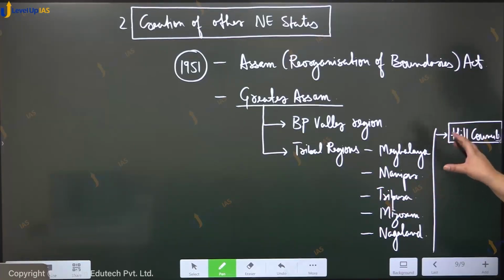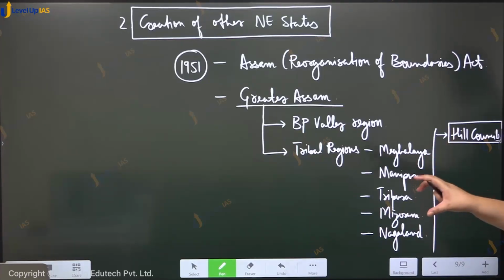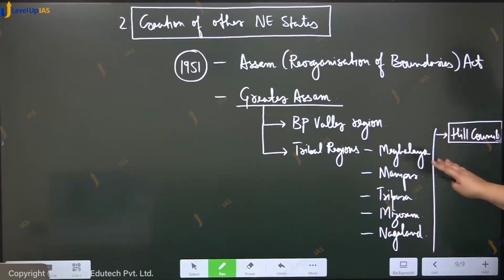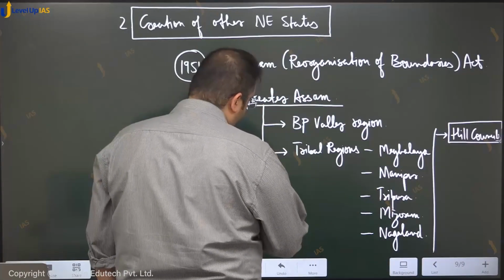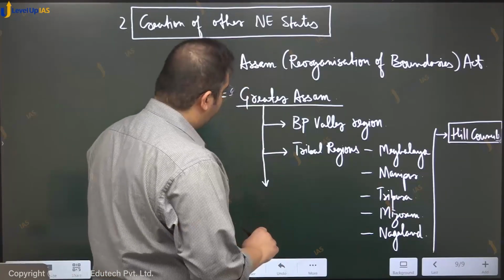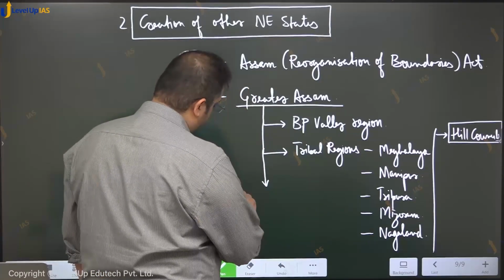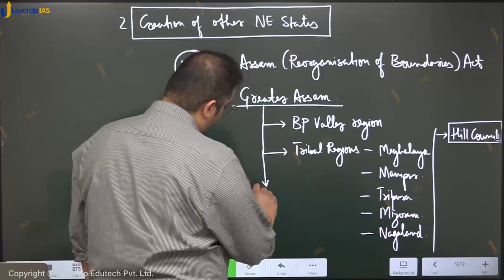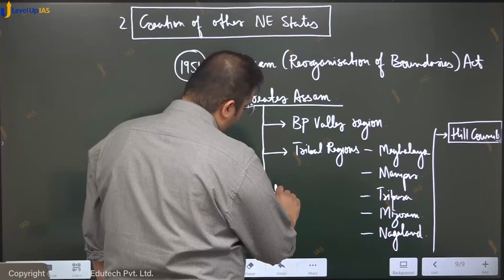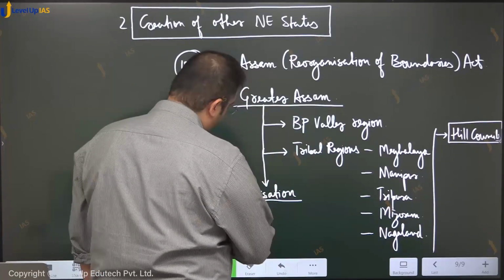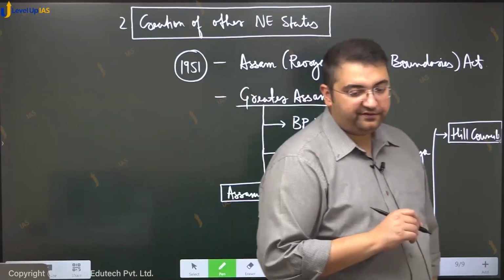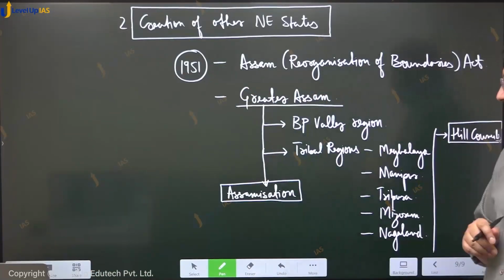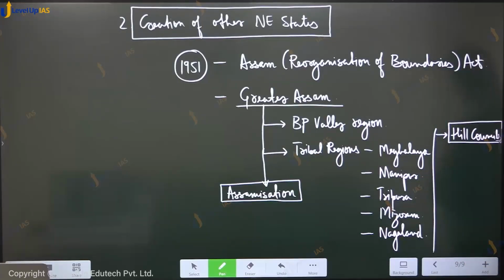Right? Special protections were also given in the constitution for these hill councils. However, the issue became problematic with the policy of Assamization that was adopted by the government of Assam from the late 1950s, 1960s onwards.